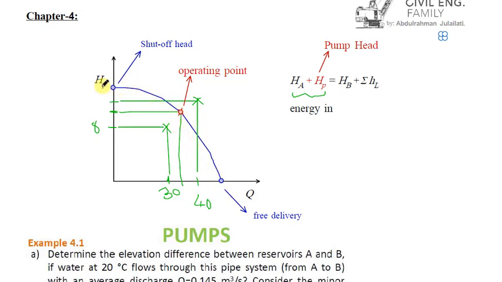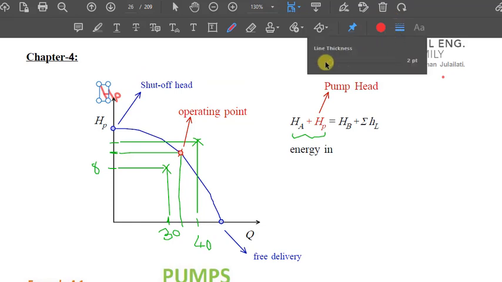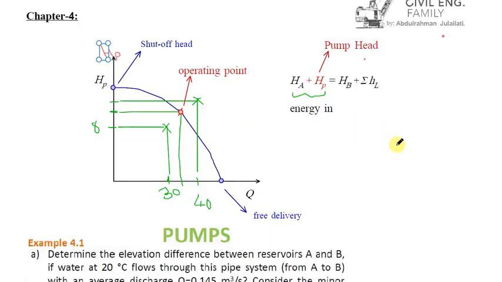By the way, this HP is not a dot, it is just the y-axis. The y-axis is head of the pump, and the x-axis is the Q. Okay, so it's like this.